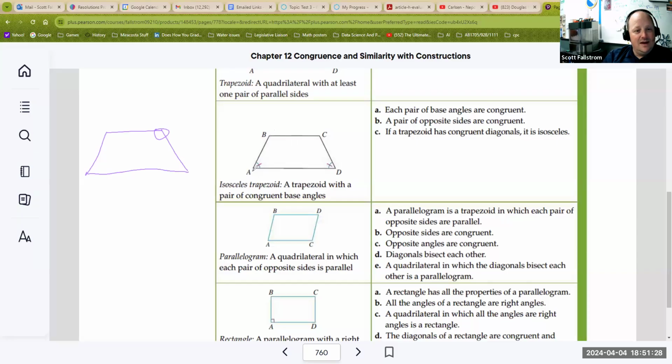If it's parallel and they add up to 180 degrees, then what do we have? Either they're both perpendicular, right? Or they're not. If they're both perpendicular, you get 90s all over the place. If you don't have 90s all over the place, you'll have one that's acute and one that's obtuse.